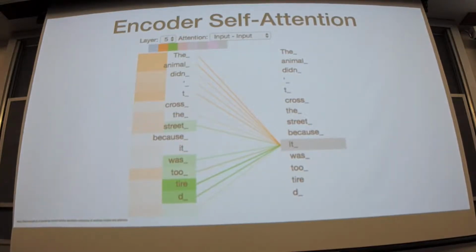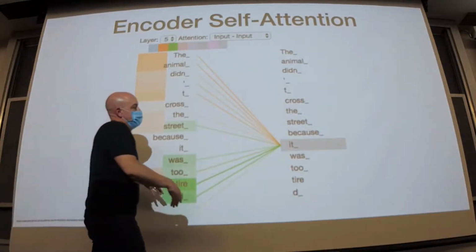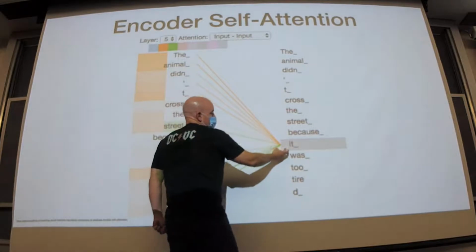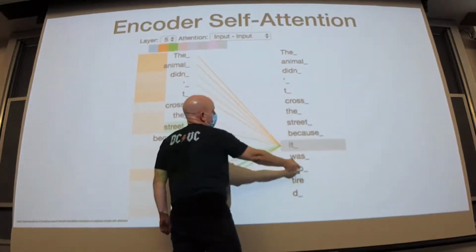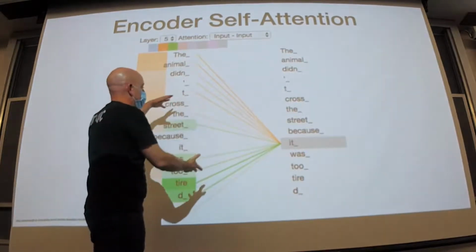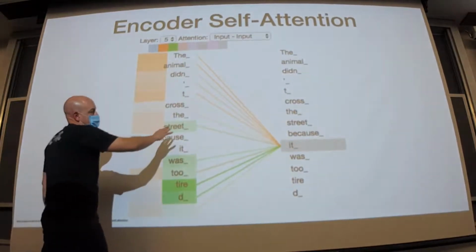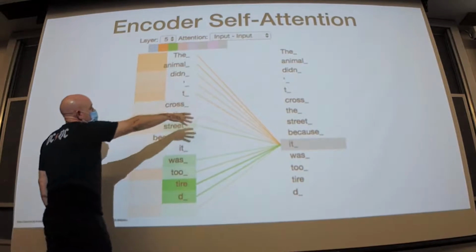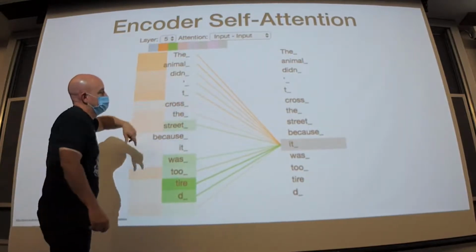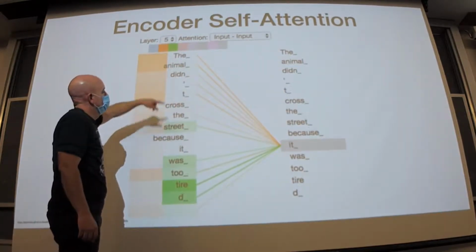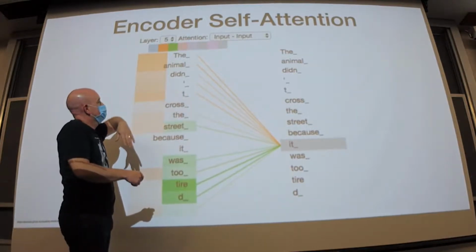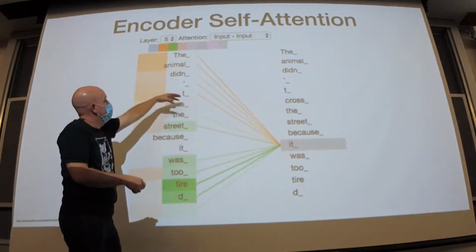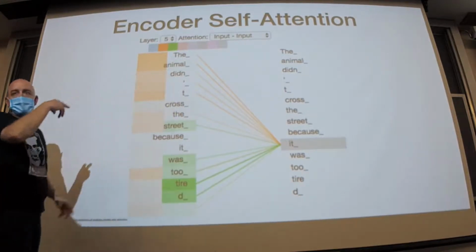Anyways, the point is that you can see there are two different heads, and they're computing the representation of this "it_" term using different contexts entirely. The orange one is paying attention to, the darker the color, the more attention it's paying. It's paying attention to the beginning of the sentence, "the animal".